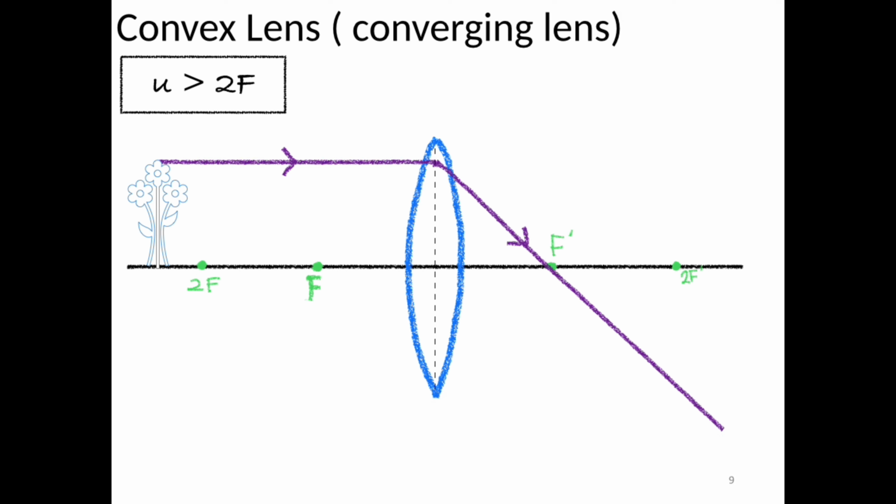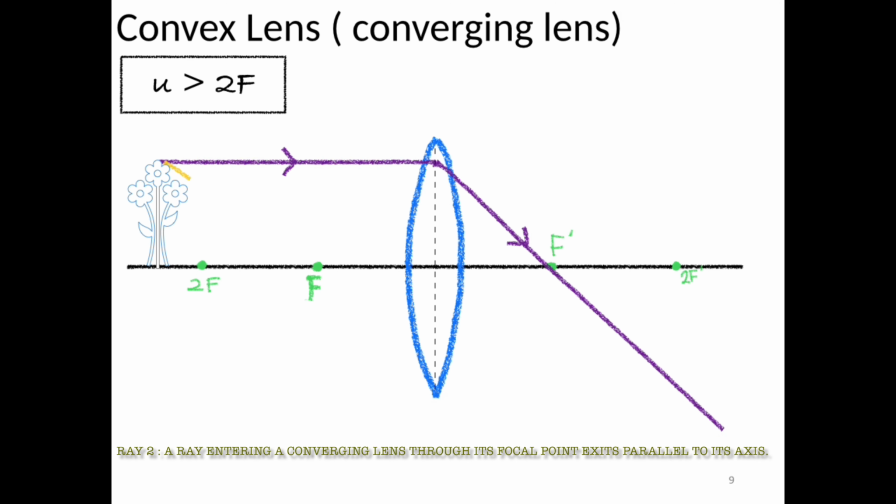Next. Ray 2 enters the lens going from the object through the focal point, and the line strikes the lens and comes out as a parallel line. So these lines are parallel to the principal axis.